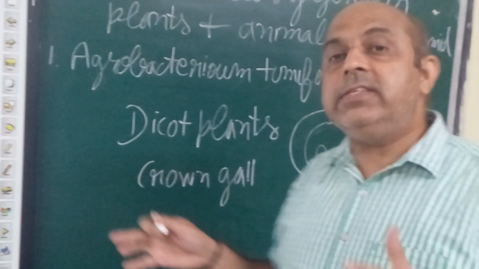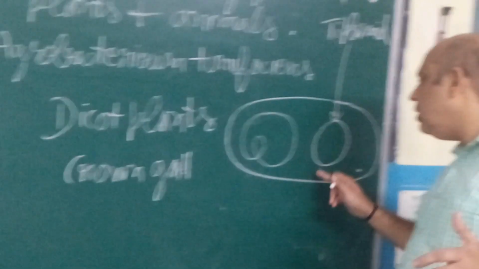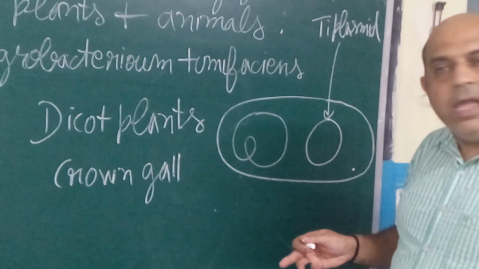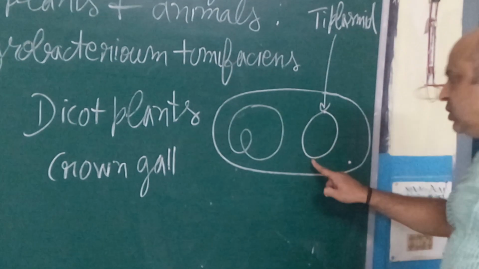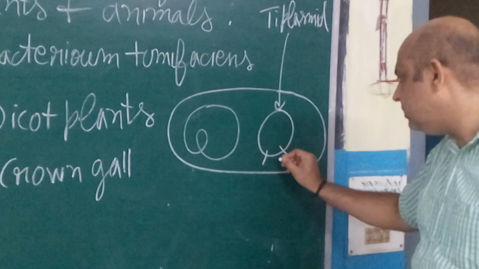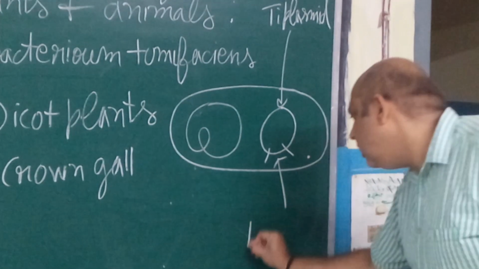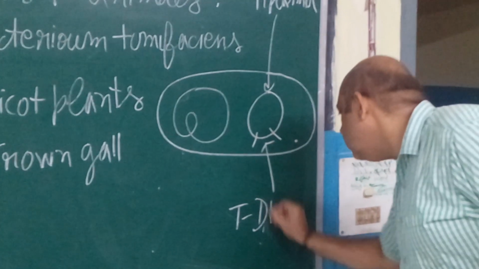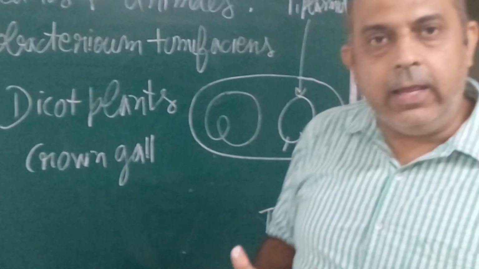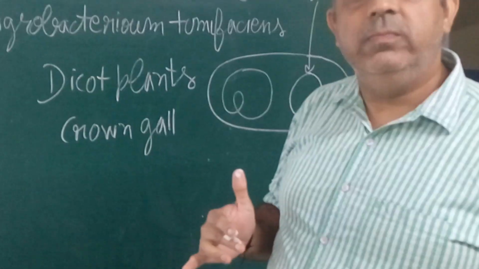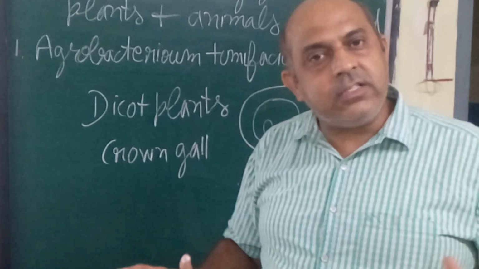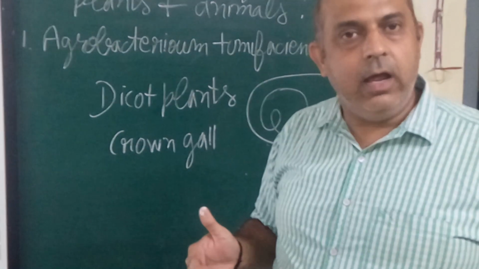Later on it was seen that the whole plasmid is not responsible for causing the disease. It has a special piece of DNA in it that is called tDNA. tDNA means transfer DNA. It was seen that once the infection takes place and the cancer starts, there is no need of bacteria.